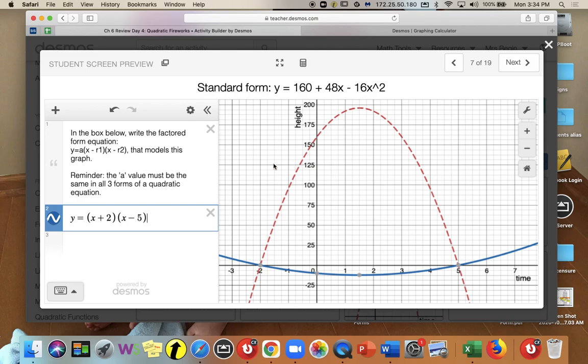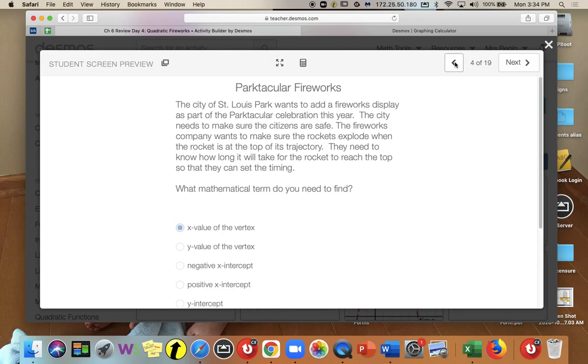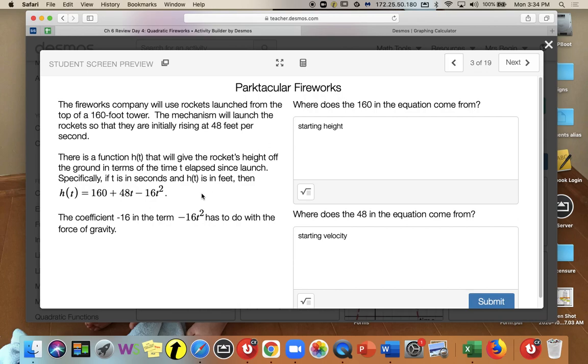But now the a value is negative. Oh, remember the a value is that number in front, silly me. So if I went back, I could have just said our a value is that number in front of the x squared or the t squared. There's where I got the -16 from.